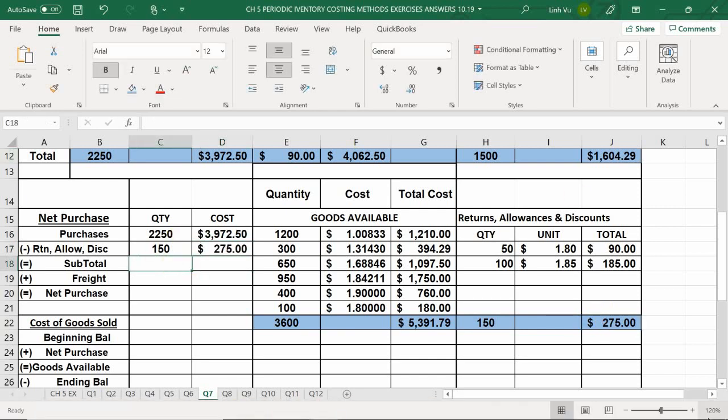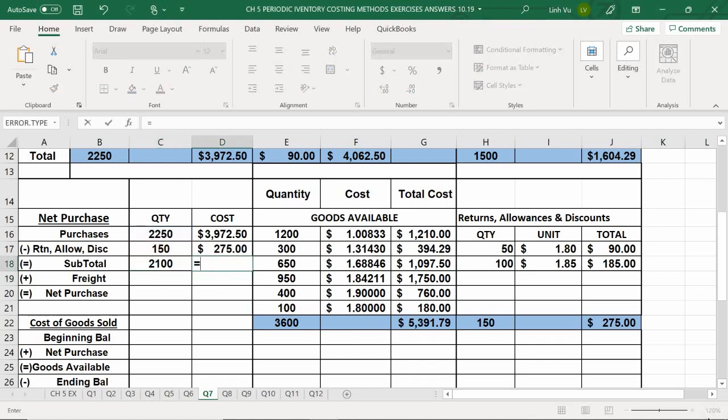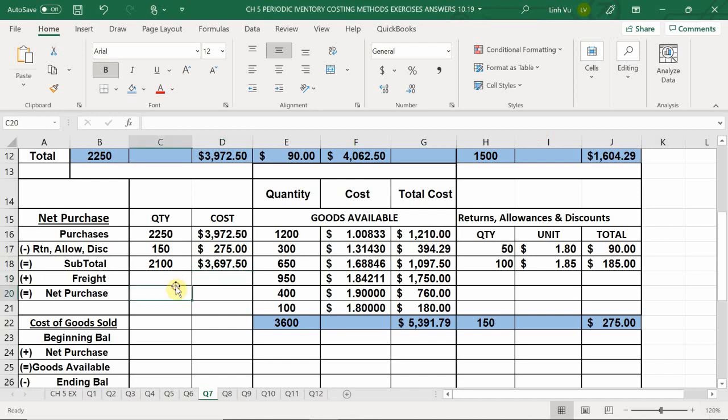I returned 150 toys at a total of $275. So therefore, I should now have 2,100 units available at a total cost of $3,697.50. Okay.